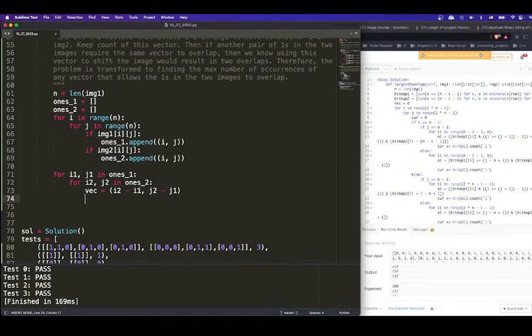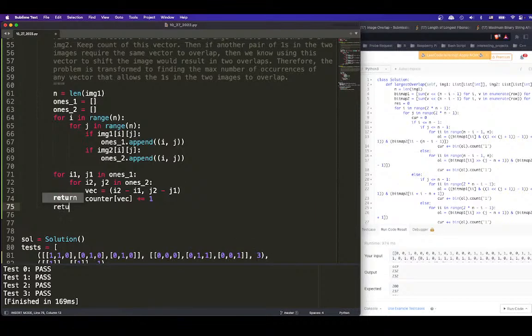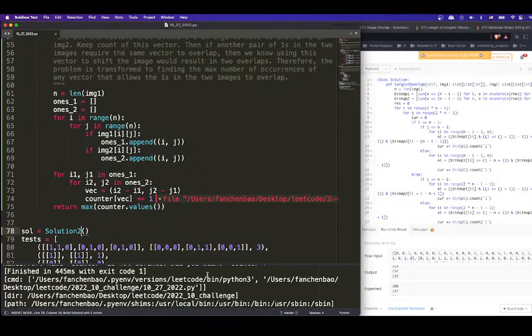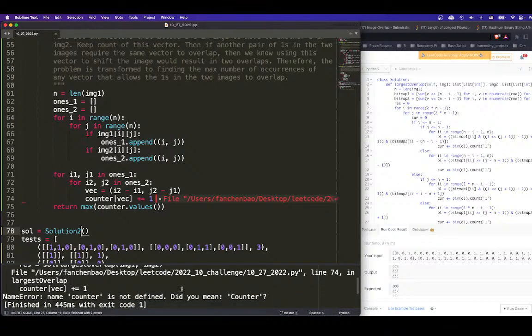And we say counter[vec] plus equal 1. And then we're going to return the maximum of counter.values(). That is not right. And counter is not defined. Of course it's not defined, because I forgot to define it.